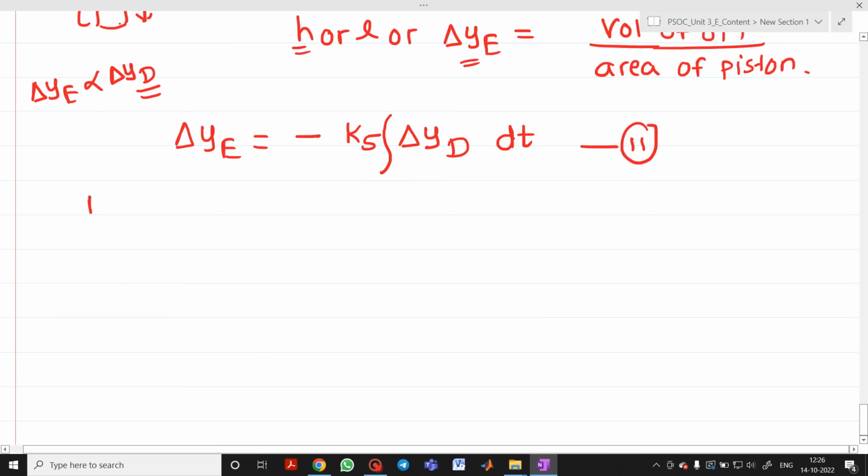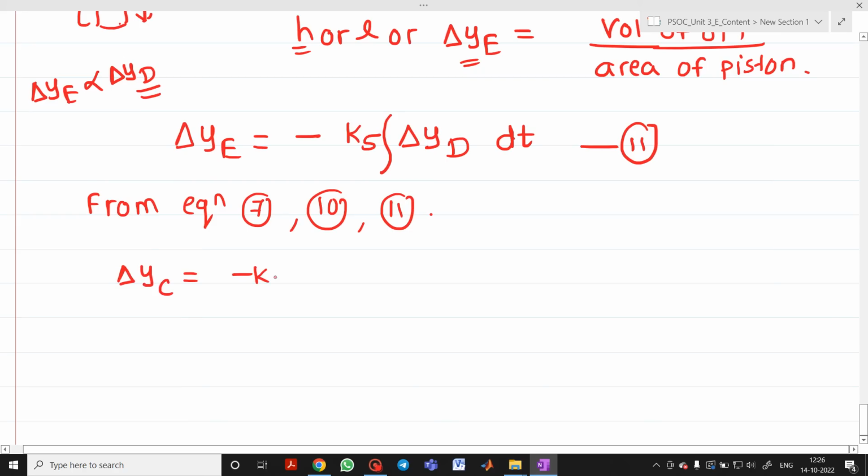So I will write it here from equation number 7, then from equation number 10, and from equation number 11. How can I write? Well, which one is equation number 7? Delta yc will be equal to minus k1 kc delta pc plus k2 into delta f. This was equation number 7.